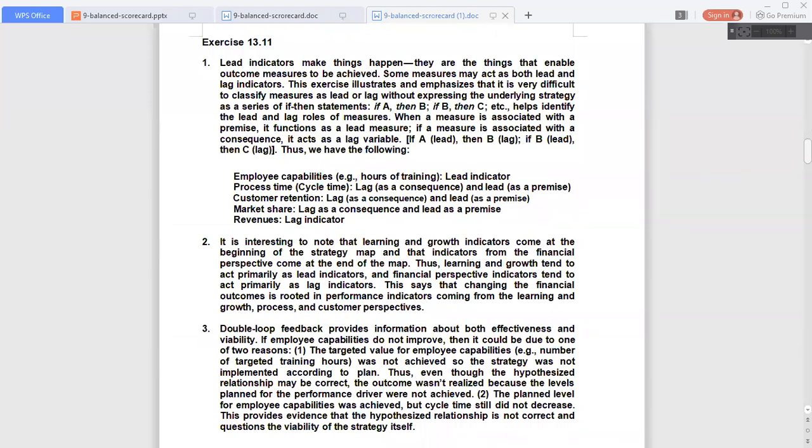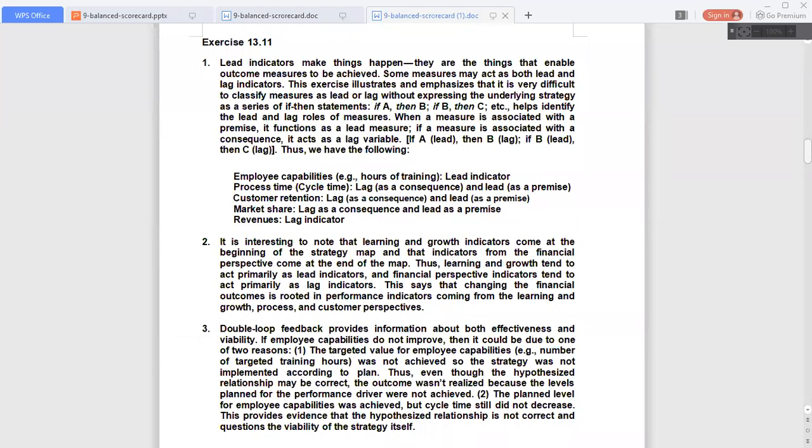In requirement number 2 of number 11, discuss the implications of requirement 1 for the financial and learning and growth perspective. In number 11, it's interesting to note that learning and growth indicators come at the beginning of the strategy map, and indicators from the financial perspective come at the end of the map.